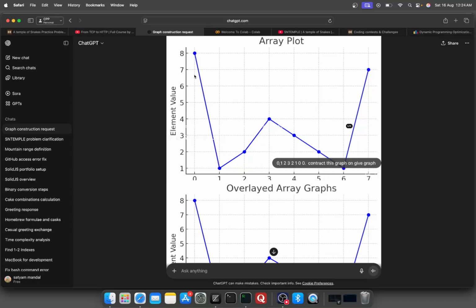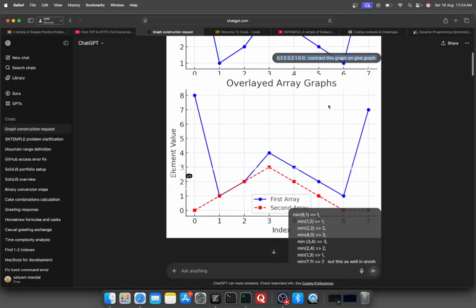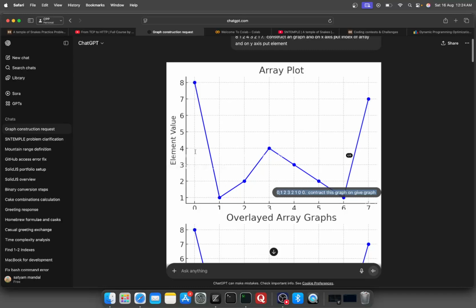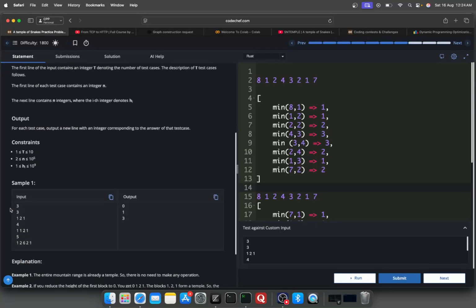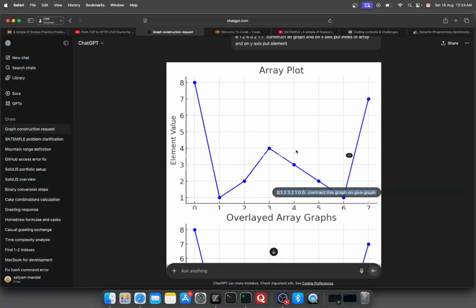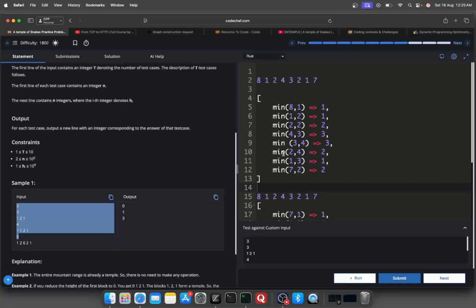So we can put a mountain here, we can put a mountain here, we can construct a mountain kind of graph here, right? And how we can construct it, that's our problem. So we reduce this problem to a graph kind of problem. So how can we solve this?